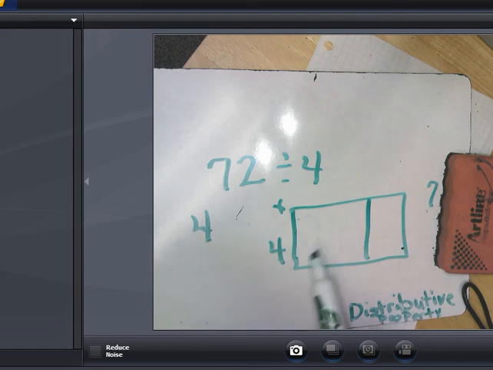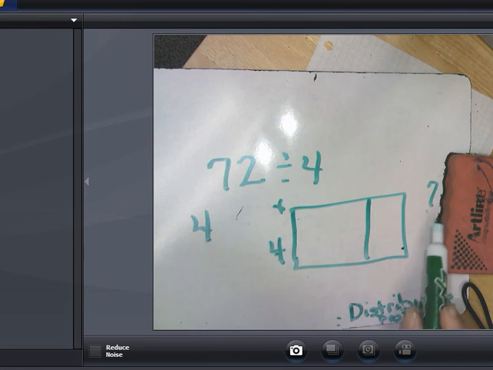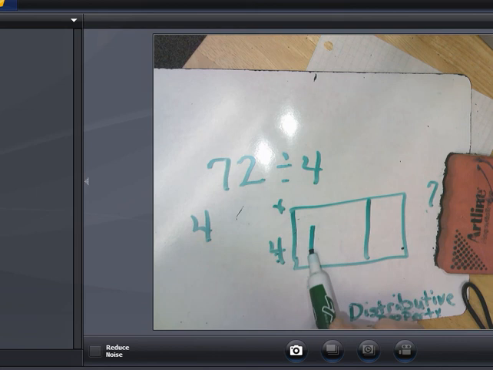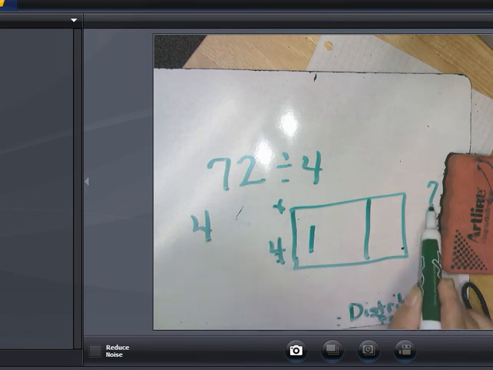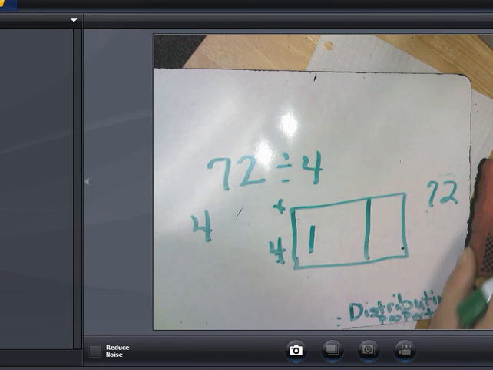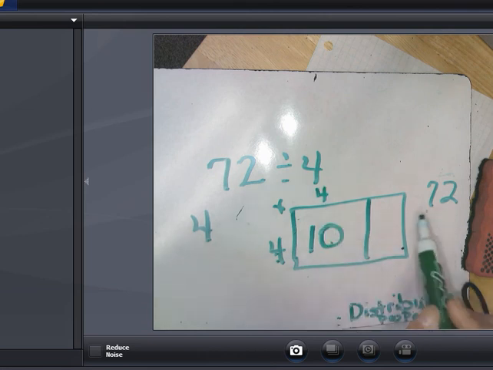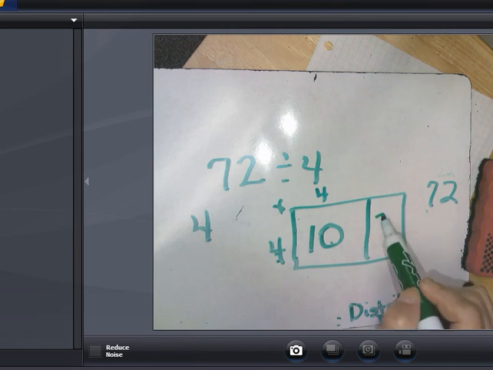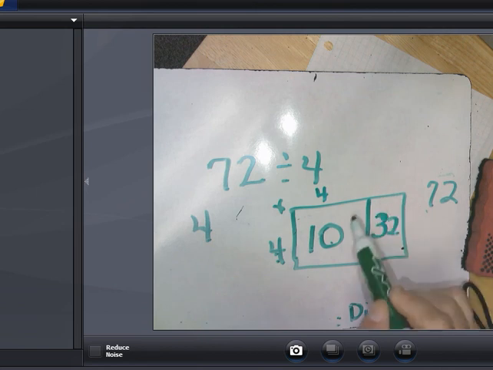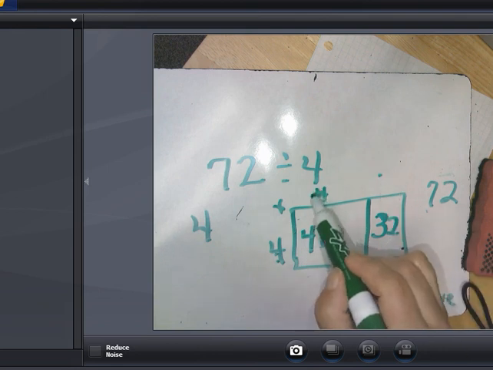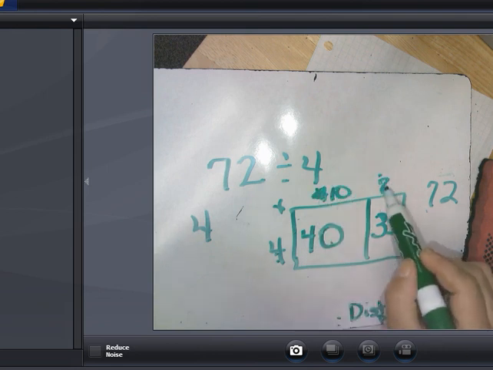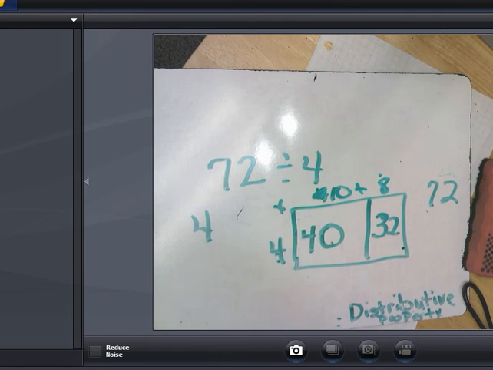Well, I know 4 times 2 would be 8, which is too much. We can't go over. But 4 times 1 equals 4, the closest I can get to 7. Then I still have that 1 in the ones place, and I'm doing my easy one, so now I do 4 times 10 equals 40. Then I know I have 32 left, and then I have 4 times 8, 4 times 8 equals 32.